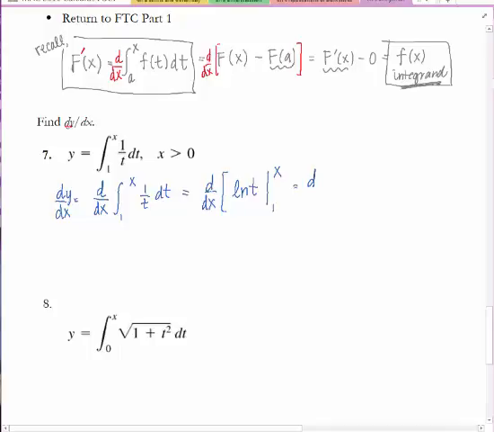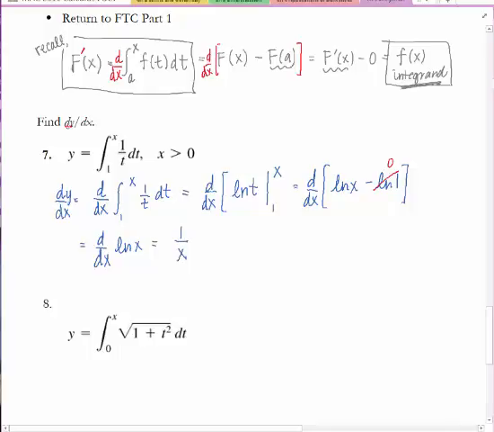Still holding the derivative operator out here, let's evaluate it: the natural log of x minus the natural log of 1. The natural log of 1 is 0. So now we're looking at the derivative with respect to x of the natural log of x, and this derivative, as you all know, is 1 over x.